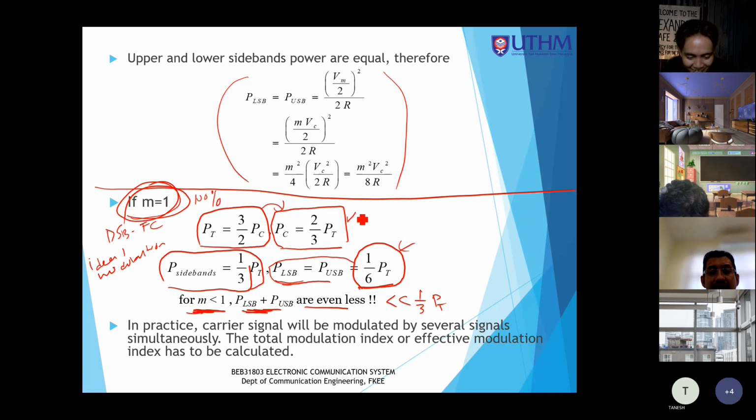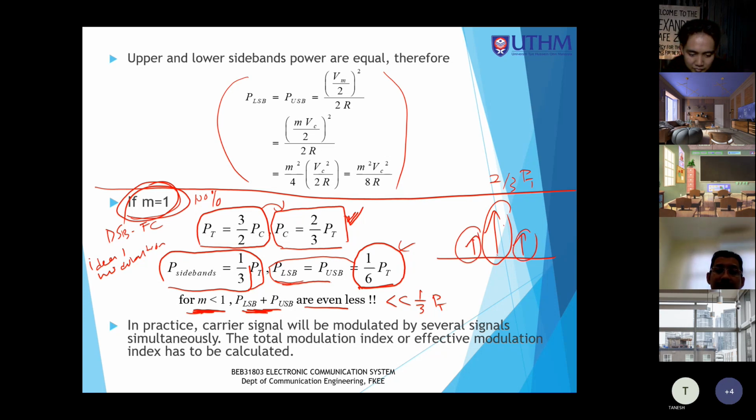Okay, this one 2/3 sahaja daripada total power telah dibazirkan untuk carrier component. Yang mana carrier component dia tak bawa information. Okay, kalau you lihat tadi carrier yang ni so carrier ni dia tak bawa information pun. Okay, tetapi dia dah pikul 2/3 daripada total power. 1/3 lagi adalah untuk yang ini, untuk upper and lower. Okay, therefore yang kecil ni 1/6 lah, 1/6, ini adalah 2/3.